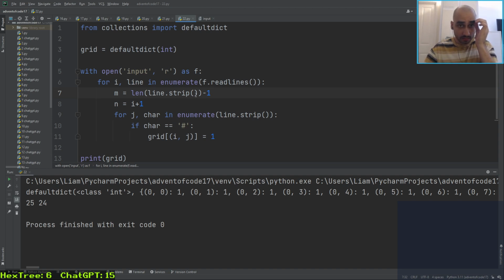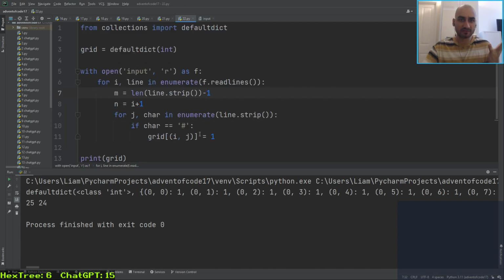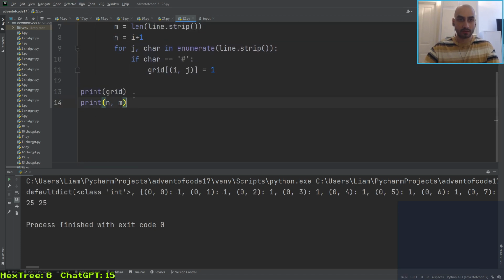What? Line dot strip. It should be 25, not 24. Why? M equals length. Oh, yeah, I shouldn't have the minus 1 then. Okay. That makes sense. Okay, got it. Alright. Good, good, good.